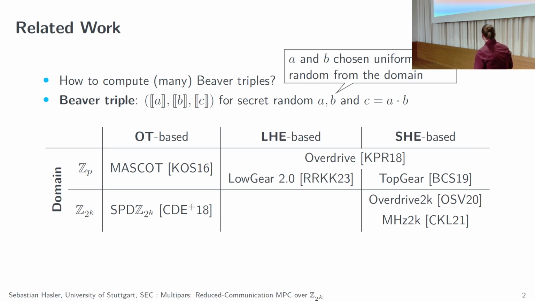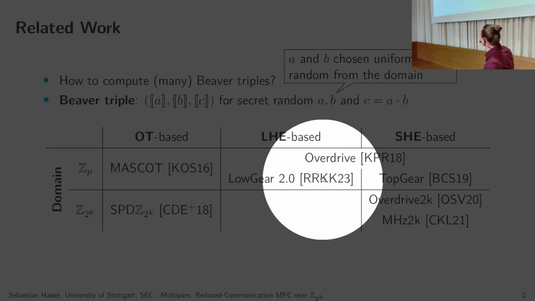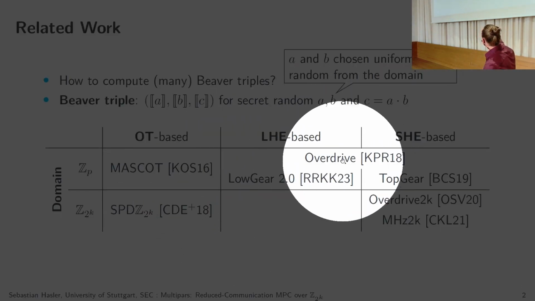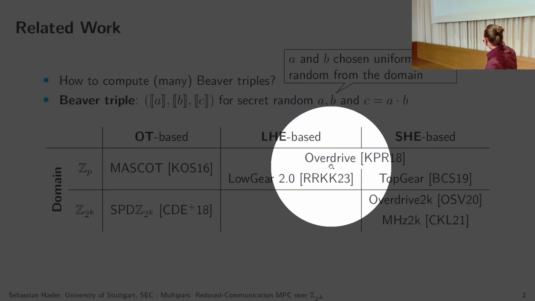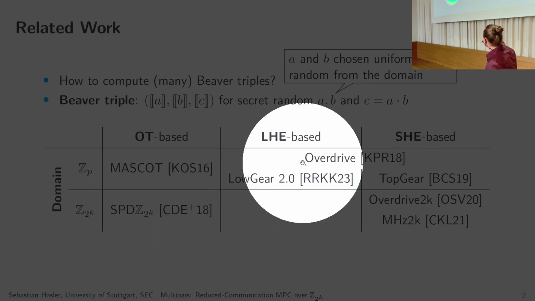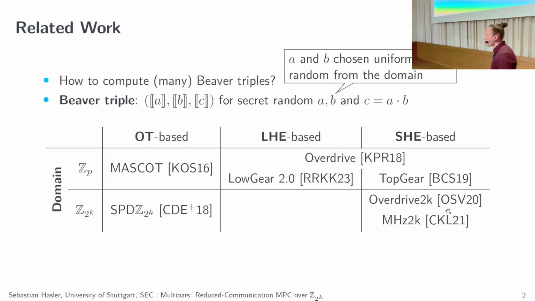However, it took quite some while before this Overdrive protocol was also generalized to the Z2k setting. And this was the Overdrive2k paper. It only focused on the somewhat homomorphic encryption-based approach, which is also known as HighGear.